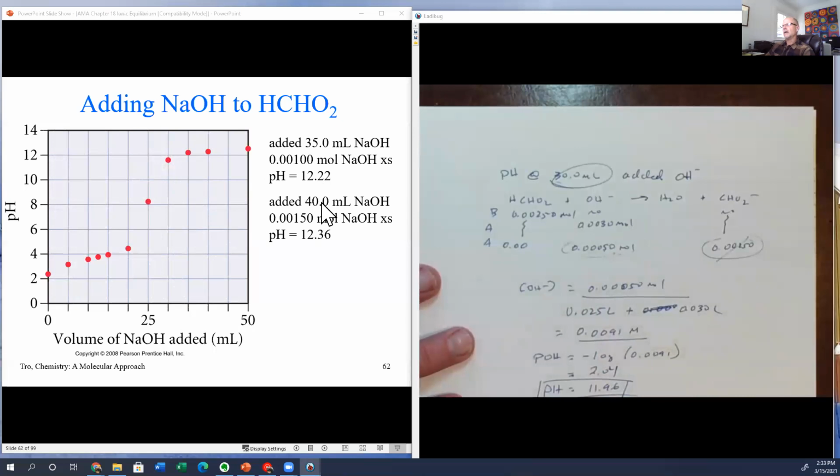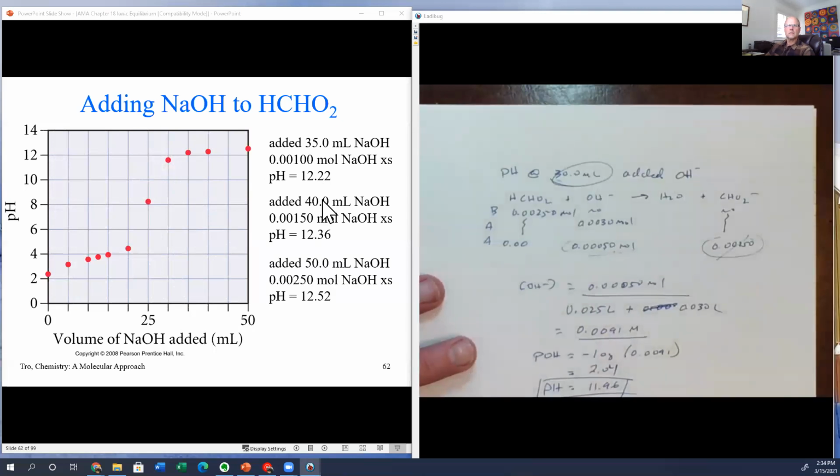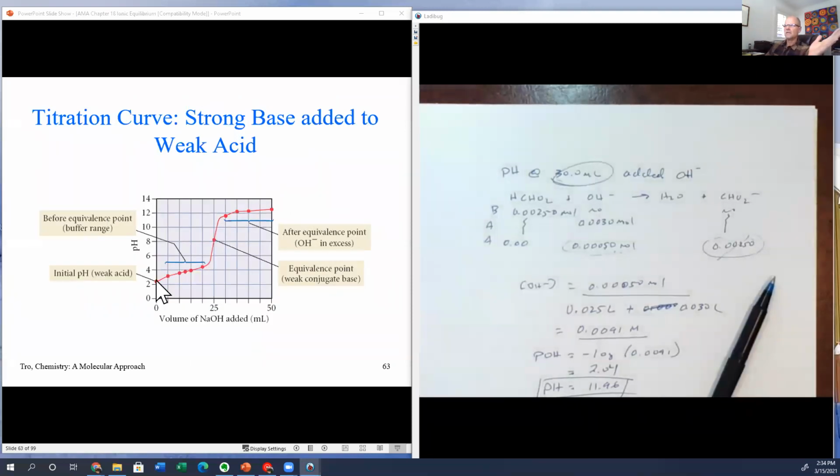And then if I keep going, I can get the rest of these points, okay? I just do all those the same way. And there's your entire titration curve, right? Look at how many different kinds of problems we've had to solve here. At the beginning, we had to solve a weak acid equilibrium problem. In the middle, we had to solve a buffer problem, and we had to figure out the relative amounts of the two components of the buffer, right?